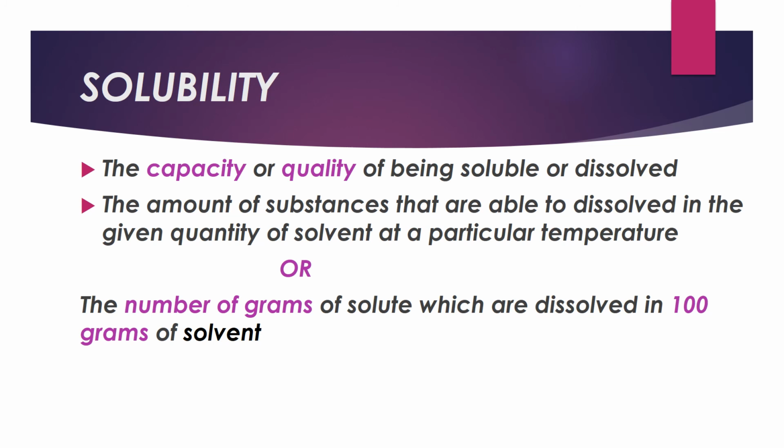The amount of substance that is able to dissolve in a given quantity of solvent at a particular temperature is actually the solubility of that substance. There is another definition, the scientific definition: the number of grams of solute which are dissolved in 100 grams of solvent is called the solubility.